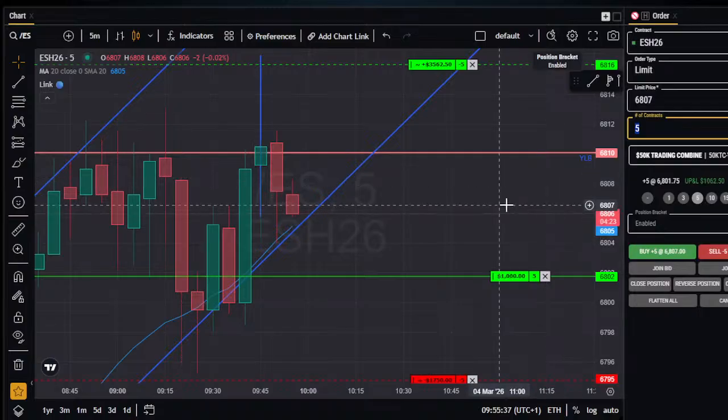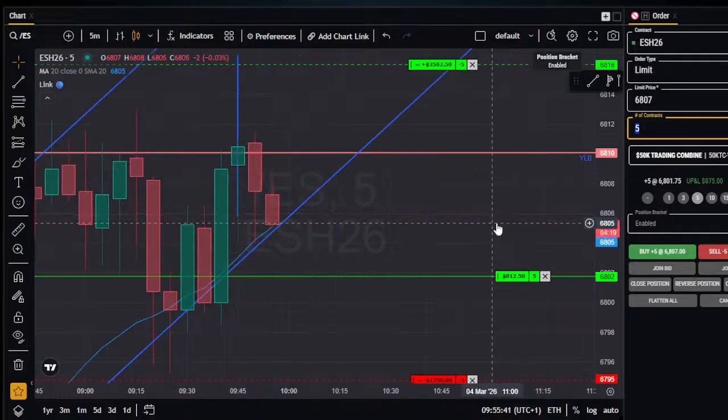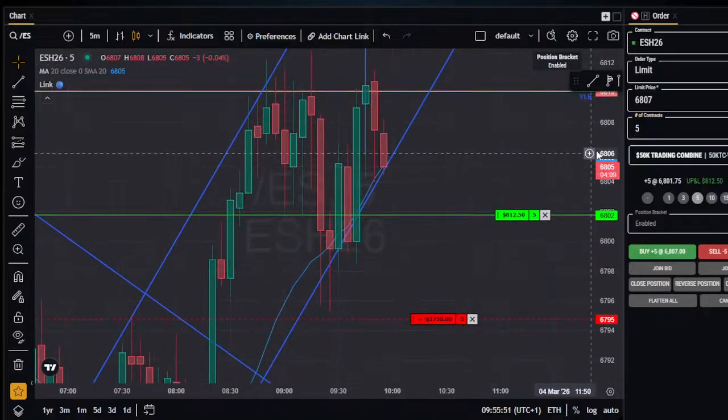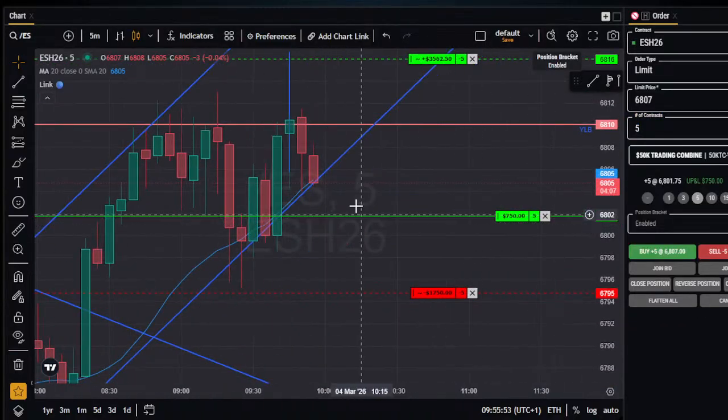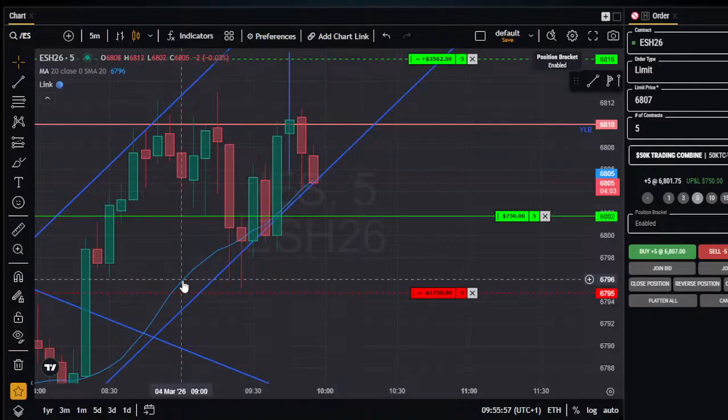Fast decision. Will I let price get against me? Yes, I will, even if we break down the trend line and the EMA.